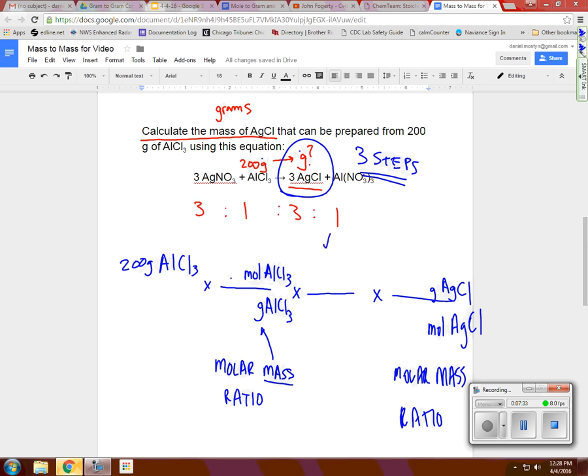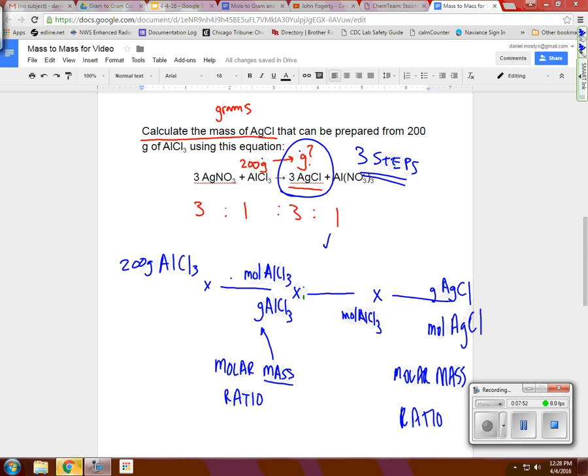What I do know is that I can actually make moles of AlCl3 opposite. AlCl3 is going to be diagonal to moles of AlCl3, and those will cancel out. So I want that to be there.